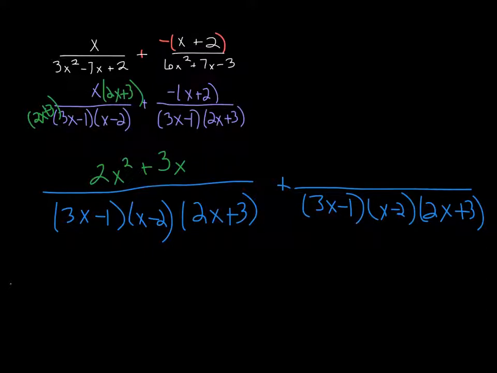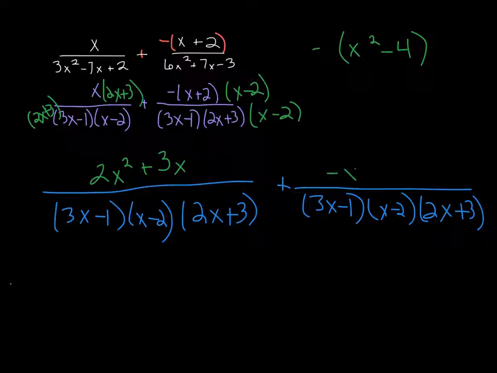Then in the second group, we have the 3x minus 1, we have the 2x plus 3. We don't have x minus 2. So x minus 2, x plus 2 is actually a difference of squares. So that would be x squared minus 4. But there's a negative in front of it to distribute. So it's actually negative x squared plus 4.